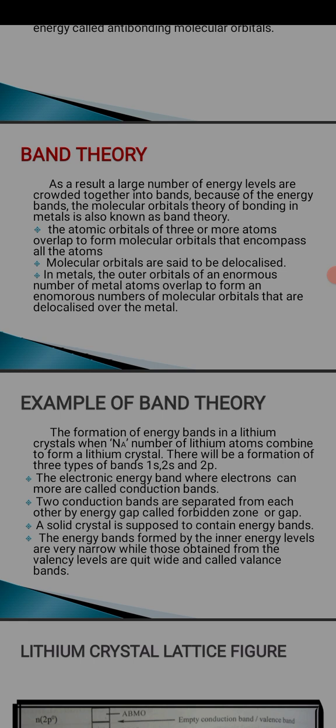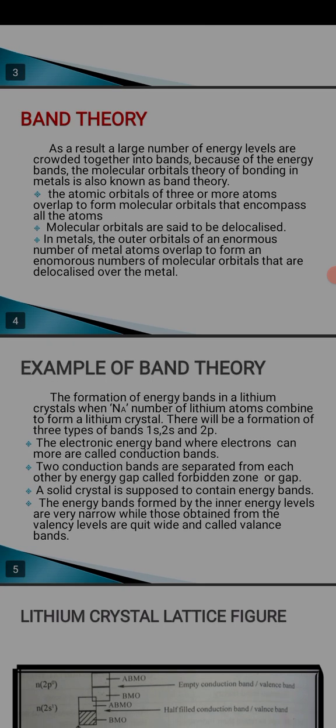When any number of lithium atoms combine to form a lithium crystal, there will be a formation of three types of bands: 1s, 2s, and 2p. The energy bands where electrons can move are called conduction bands. Two bands are separated from each other by an energy gap called the forbidden zone or gap.